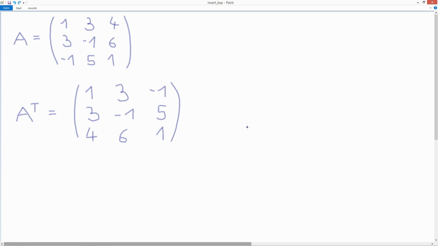I will now copy and paste this matrix here so that we have 3 identical copies.